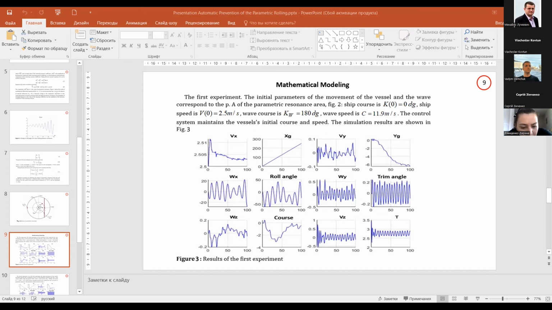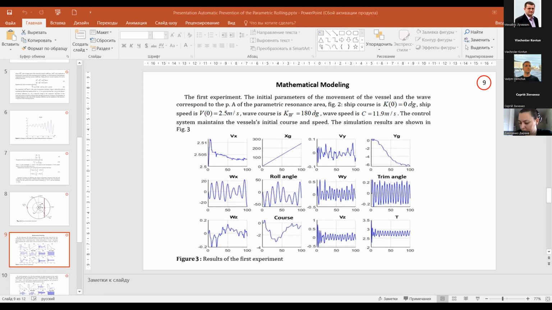Ship course is 0 degrees, ship speed is 2.5 meters per second, wave course is 180 degrees, wave speed is 11.9 meters per second. The control system maintains the vessel's initial course and speed. Simulation results are shown in figure 3.